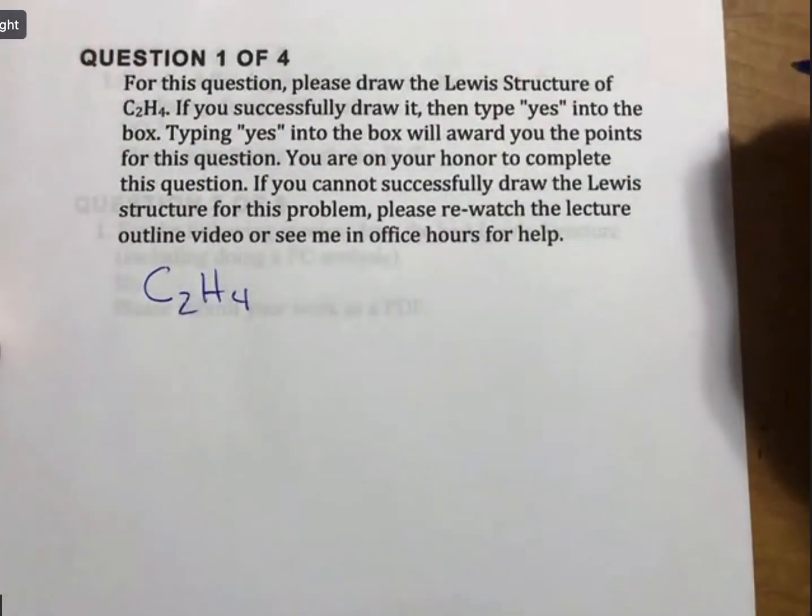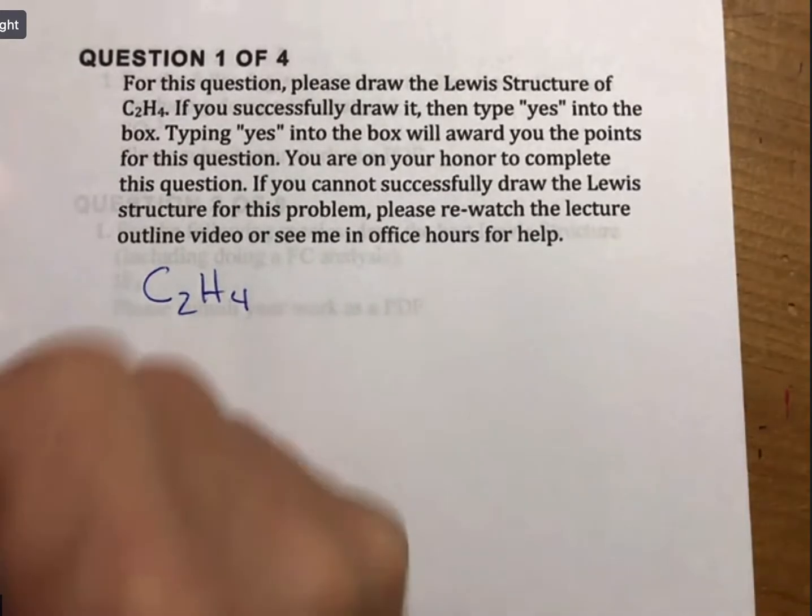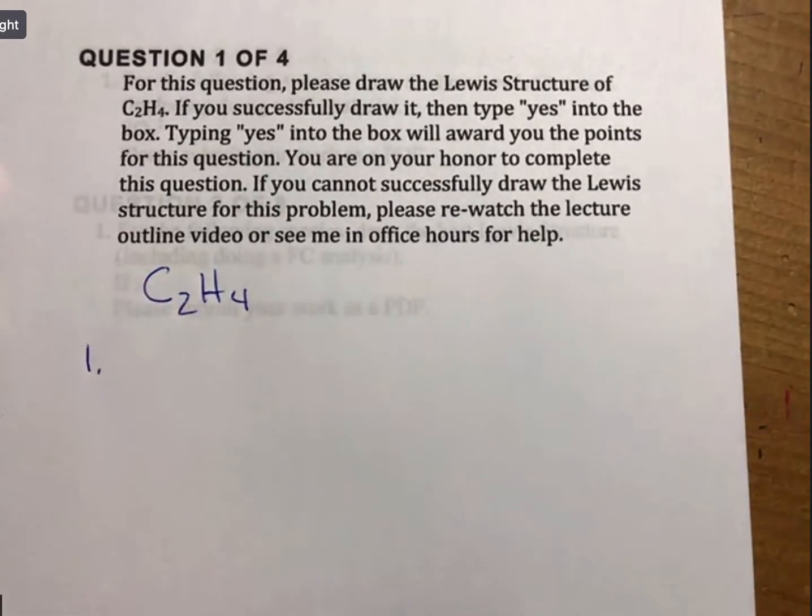Now, for the Lewis structure for C2H4, I'm going to go over the steps I went over in the lecture outlines about how to do them. The first thing you do is you count up the valence electrons.